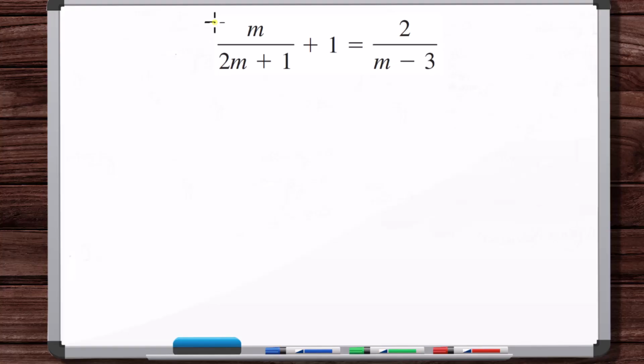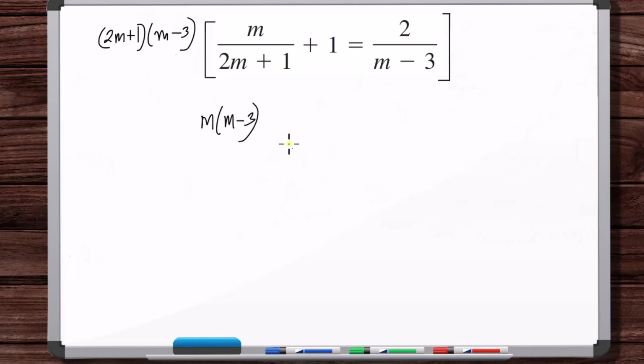Okay, so let's multiply this entire equation by 2m plus 1 times m minus 3. So we get m times m minus 3 plus 2m plus 1 times m minus 3 is equal to 2 times 2m plus 1.